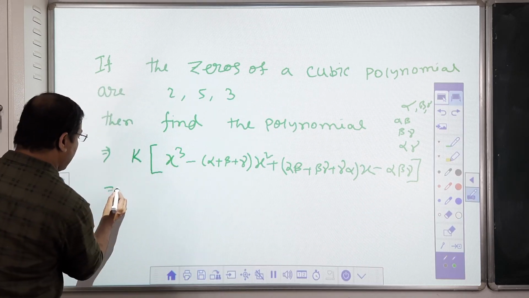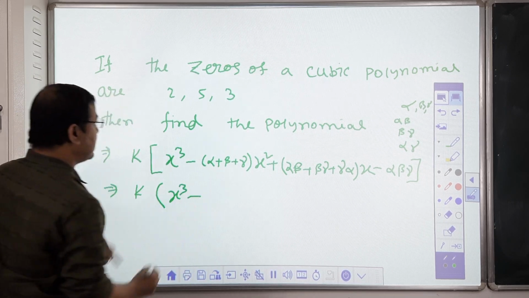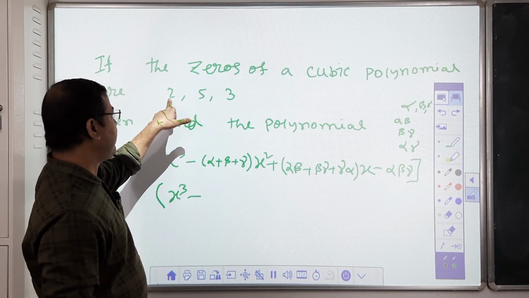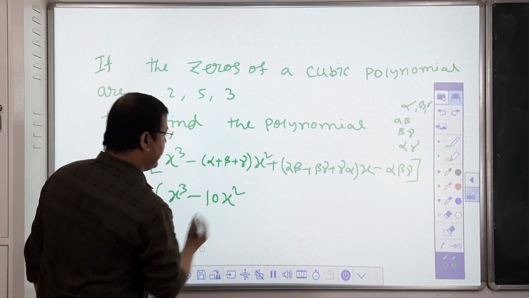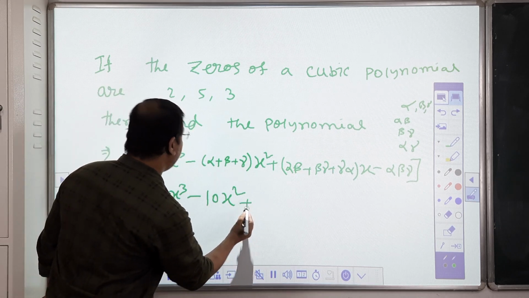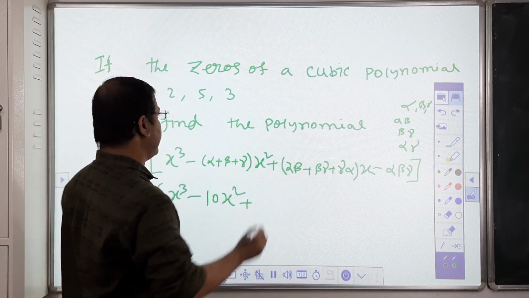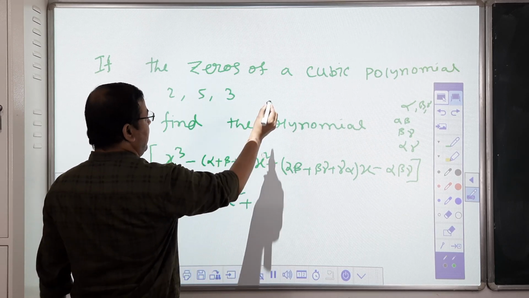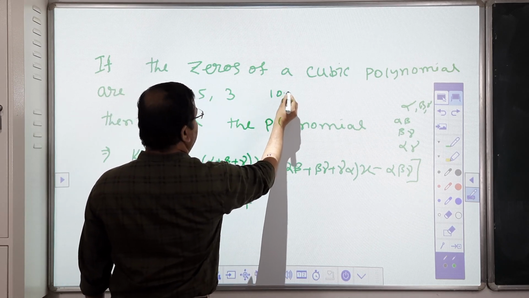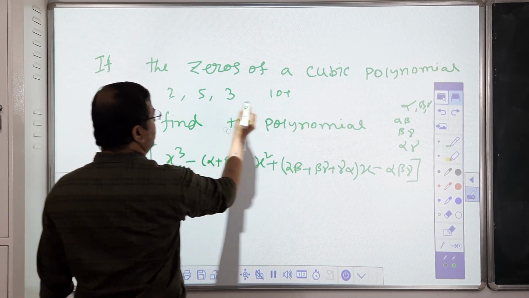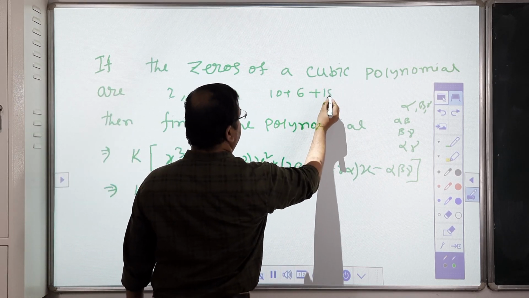That means the polynomial is k into x cube minus, if you sum 5 and 2 it is 7, 7 plus 3, that means 10x square, and if you take 2 at a time, the combination is 2 into 5, that means 10, plus 2 into 3, that means 6, plus 5 into 3, that means 15.